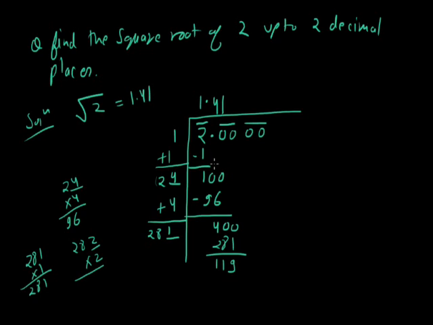So in this way we can find the square root of any number up to given decimal places. Now we see some important properties of square roots. Let's say if we have a and b as two numbers, then root a into b can be written as root a into root b.